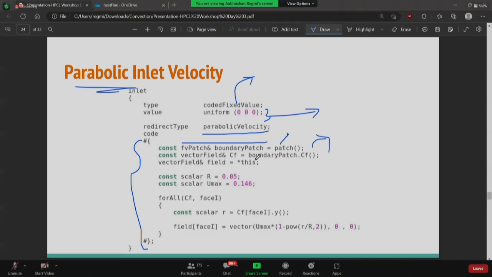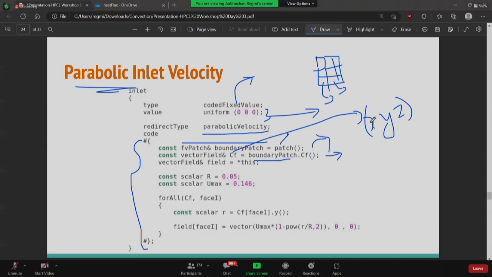And when we do boundary paths.cf, we are actually getting the position of that mesh: x, y, and z. So now the CF contains the values of x, y, z of each of these mesh. If we have different mesh in our domain, it will just give us the value at each x, y, z location of the mesh.